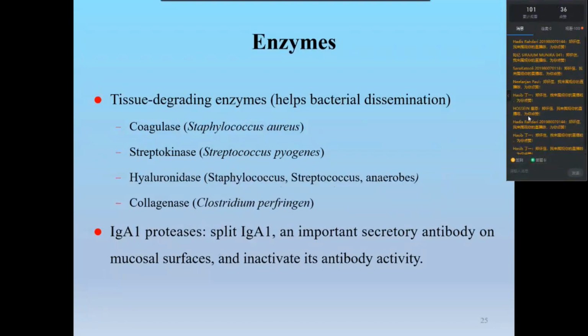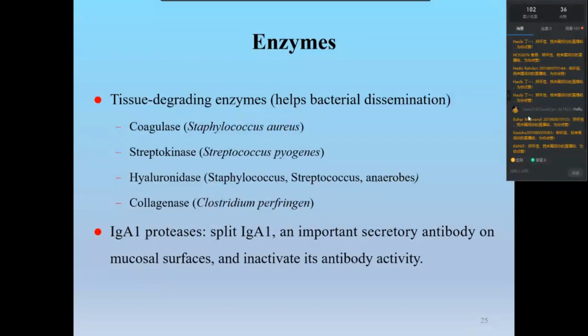And we know that IgA1 is the antibody, the IgA type 1 antibody. And this protease can split the antibody. You know, the immune system made this antibody to fight against infection, but the bacteria somehow evolved the ability to produce this protease, which can specifically degrade the antibody.